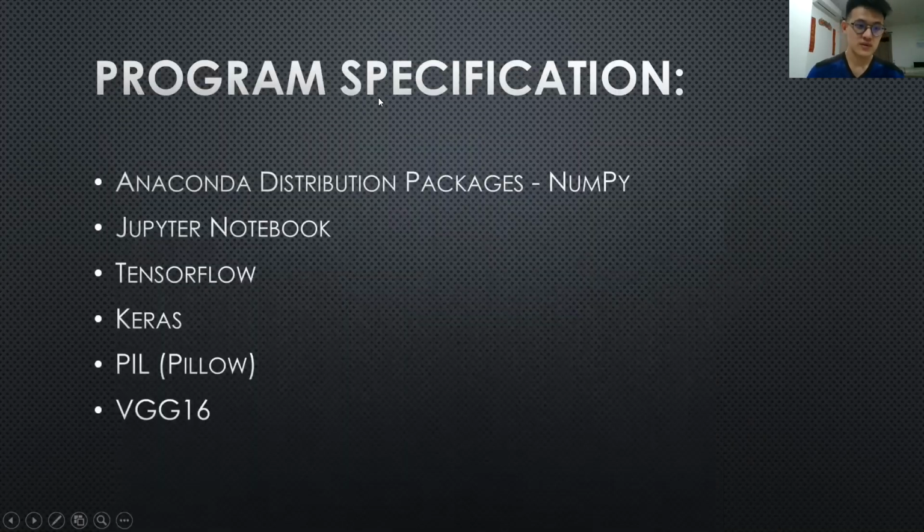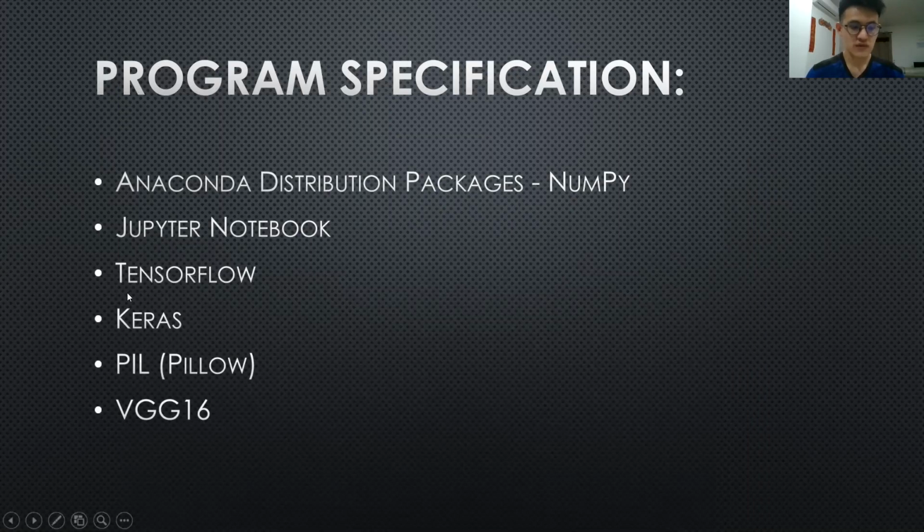Now, the program specification requires an Anaconda distribution package to run because the model is built in Python, and the NumPy numerical Python library is quite important for linear algebra as well as mathematical matrices and multi-dimensional arrays. We run our model on Jupyter Notebook, which is an online integrated development environment, IDE, so it's convenient.